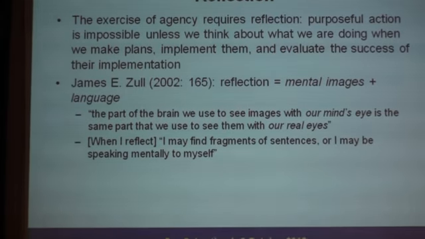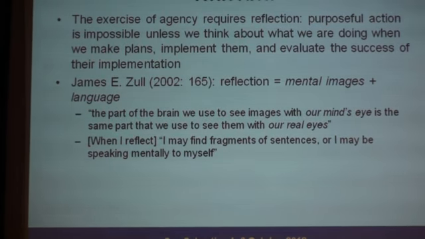Zoll again, he says, for me, reflection is mental images and bits of language. Again, image, the visual, and language. The part of the brain we use, he says, to see images with our mind's eye is the same part that we use to see them with our real eyes. Interesting thought.